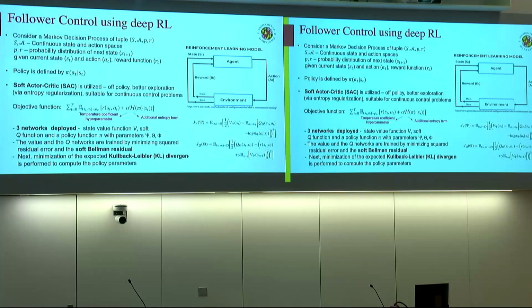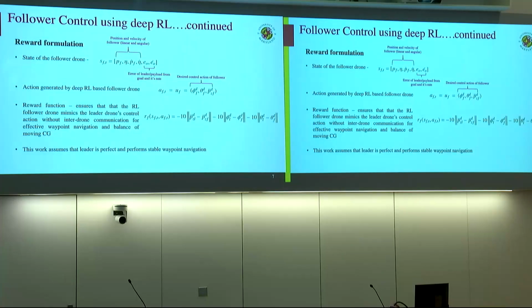Since the CG is moving, you get some uncertain data and you get some good motion for the RL agent to learn quickly. So that's why I thought that maybe SAC will be a good choice, although I've not tested the other architectures yet, but I will test them in future. Three networks were deployed: actor, critic, and value, and the soft Bellman residual and Kullback-Leibler divergence equations were utilized. And the parameters are indicated later in the slide.